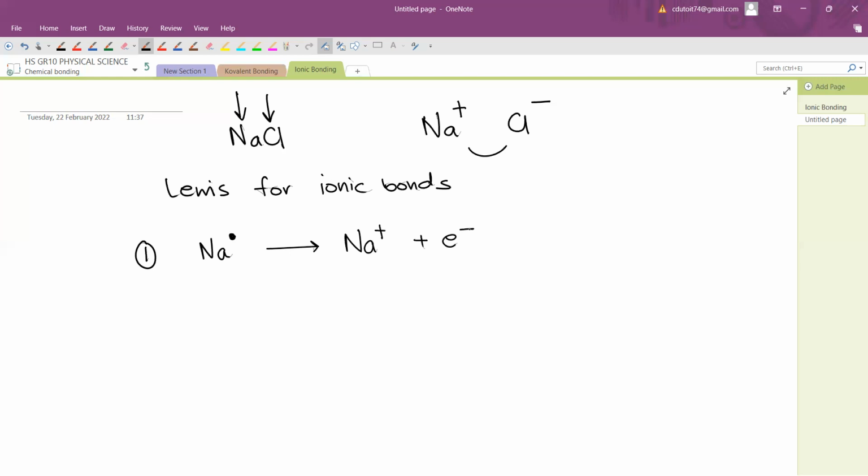That's your first step. So that becomes a Na+ ion. It loses the electron. In step 2, the chlorine, which is the non-metal, that has got 7 valence electrons, it picks up that electron. So that electron basically is picked up by or stolen by the chlorine atom.